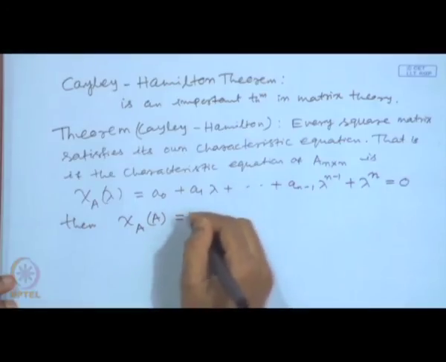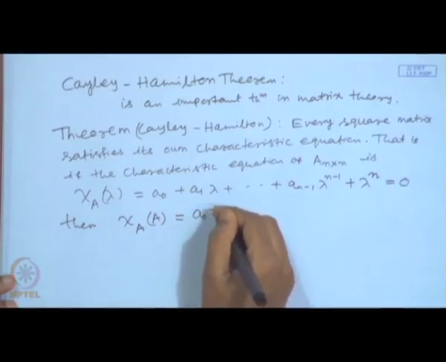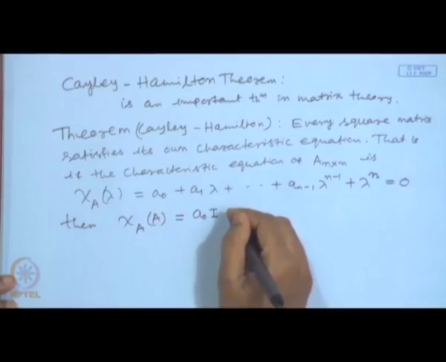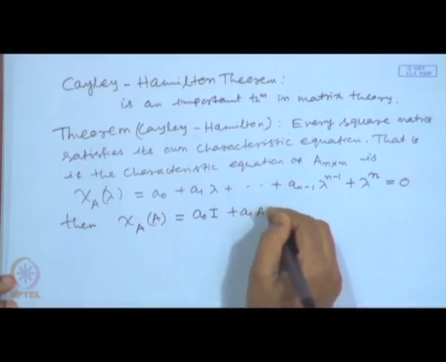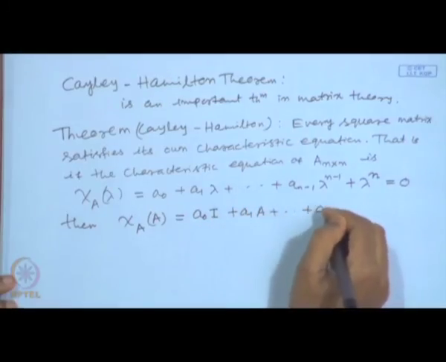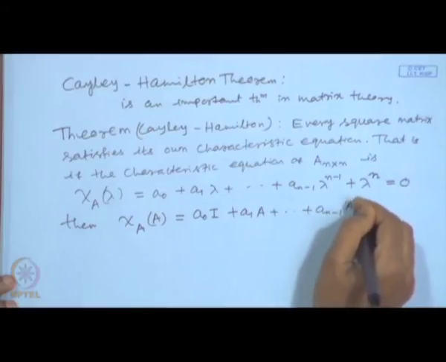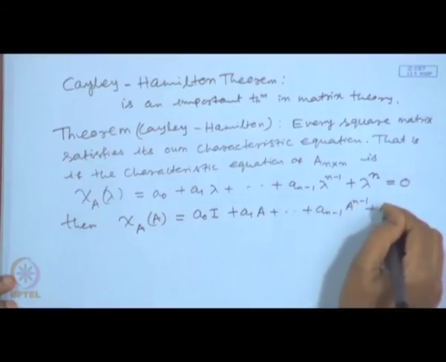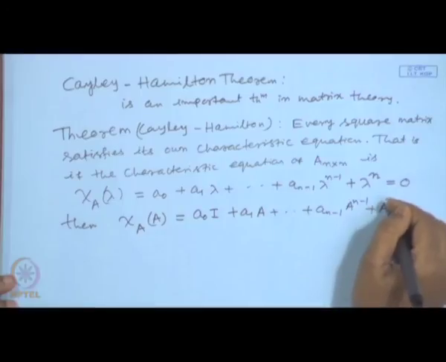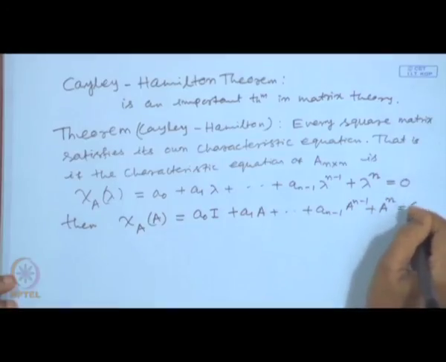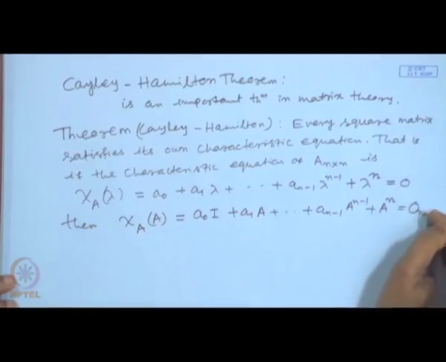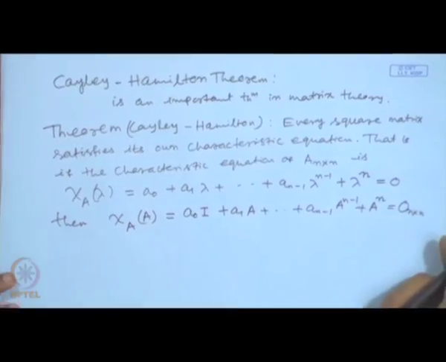This chi A will be a0 times the identity matrix plus a1 A up to a(n-1) A to the power n minus 1 plus A to the power n, which is the n by n zero matrix.